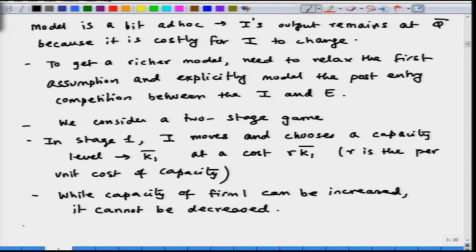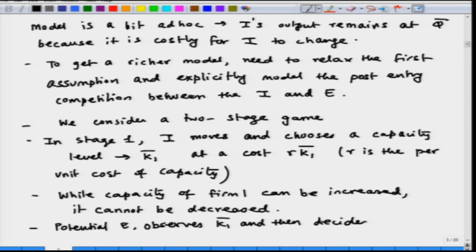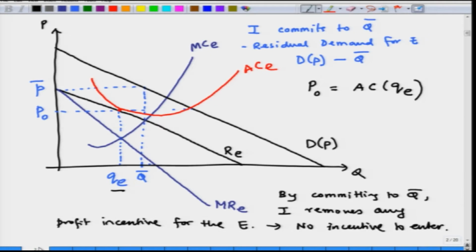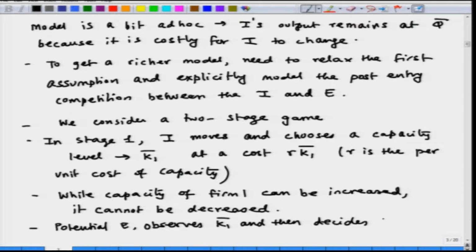The potential entrant observes K1 bar and then decides. So, the potential entrant observes the K1 bar and then decides to enter or stay out.